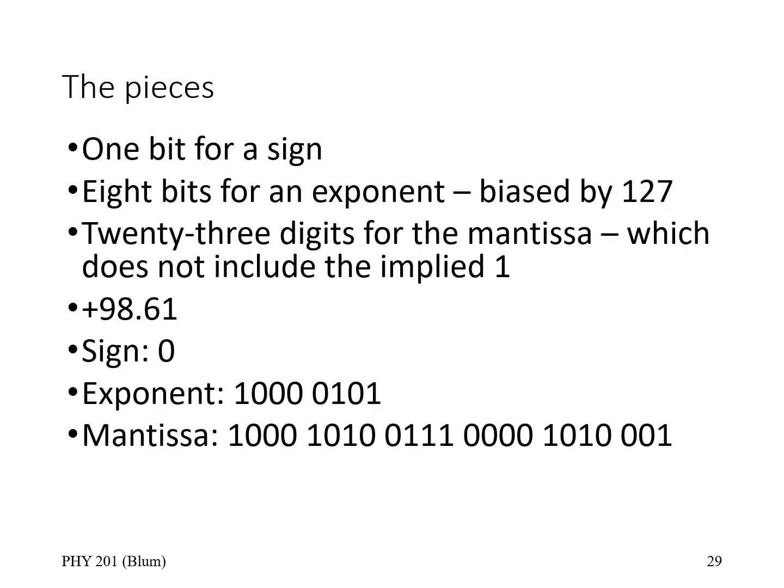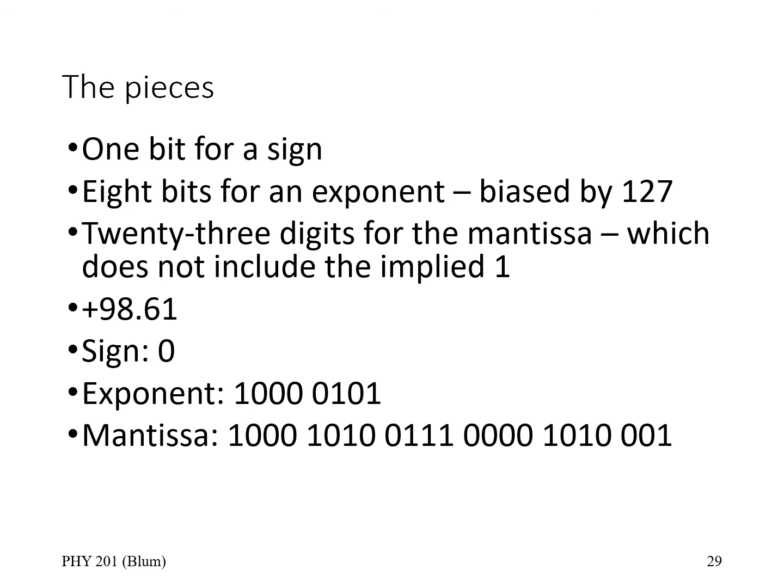So here are the pieces. There's an overall bit for the sign. There are 8 bits for the exponent, and the exponent is biased by 127. There are 23 digits or bits for the mantissa, and there is an implied 1 in front of the mantissa that is not stored.